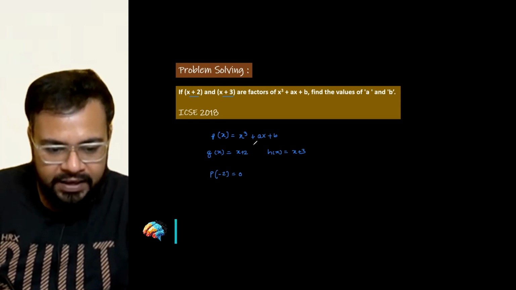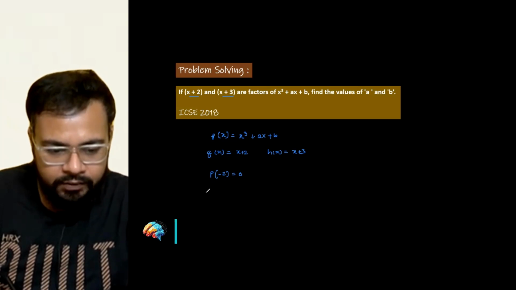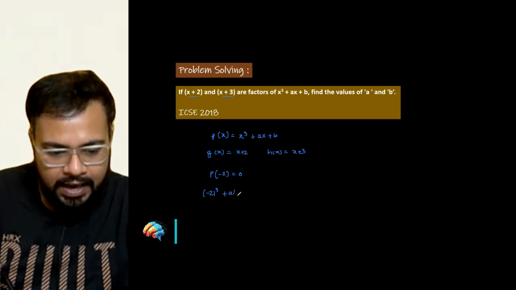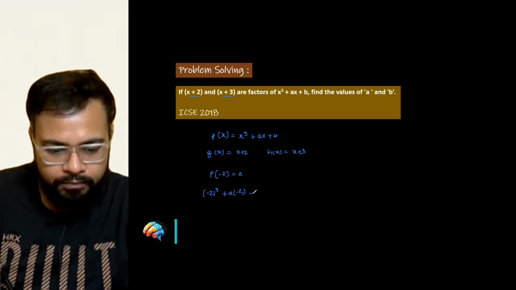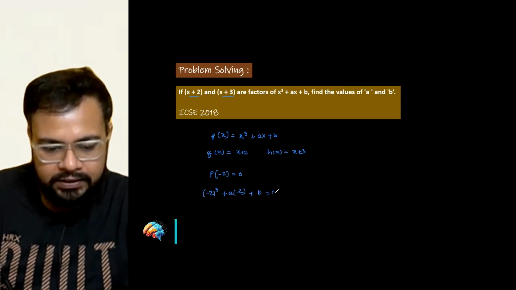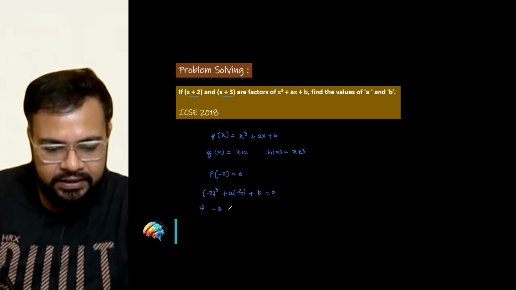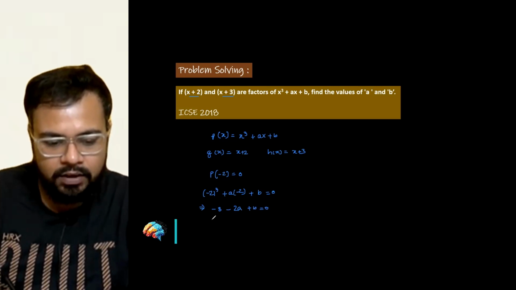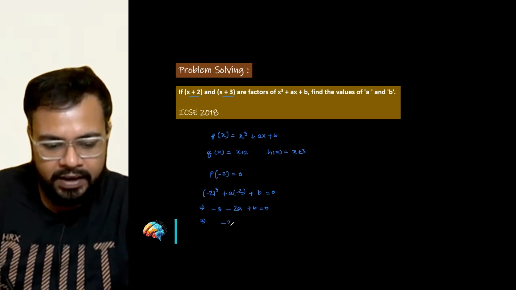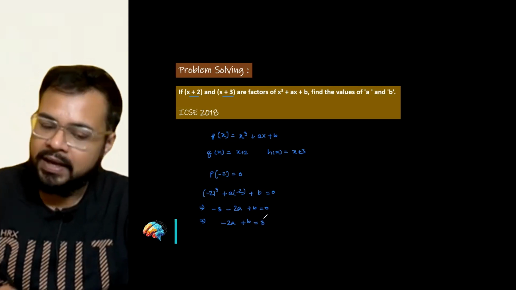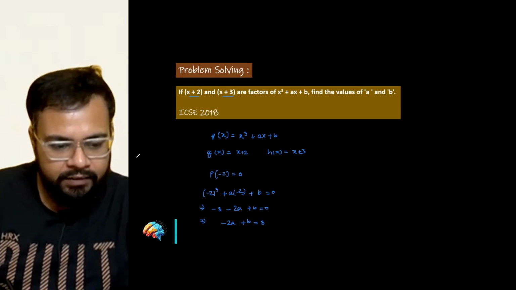Substituting in P's expression, we'll be getting minus 2 cube plus a into minus 2 plus b is equal to 0. Simplifying that, we get minus 8 minus 2a plus b is equal to 0. And that gives you minus 2a plus b is equal to 8. Let's keep it. We will deal with it later.